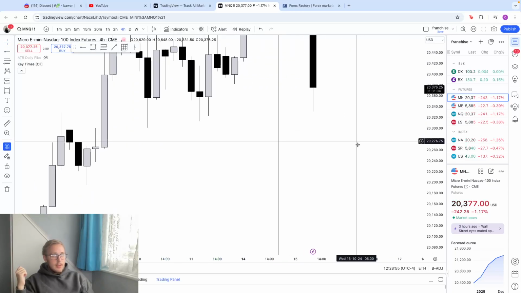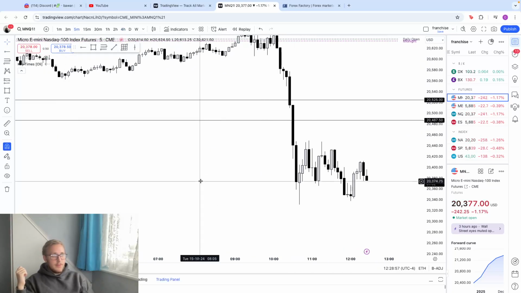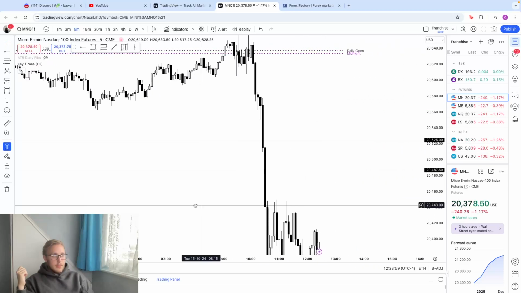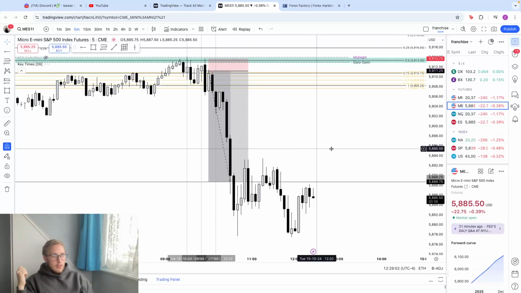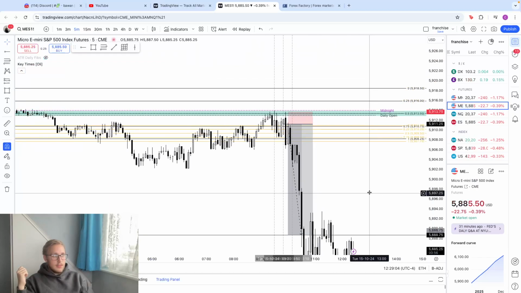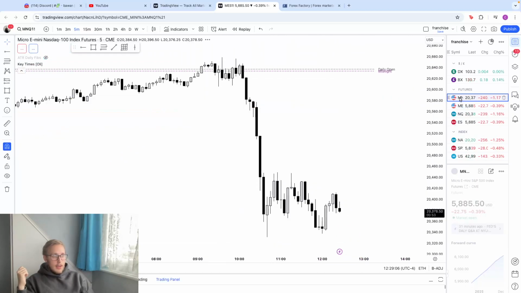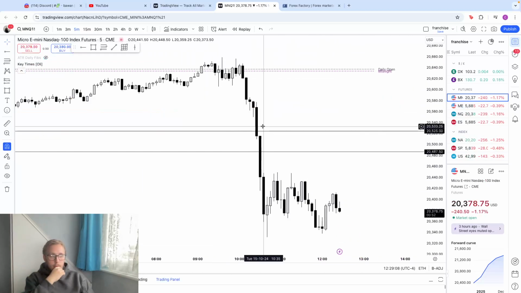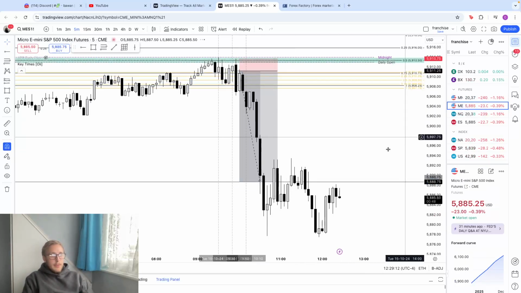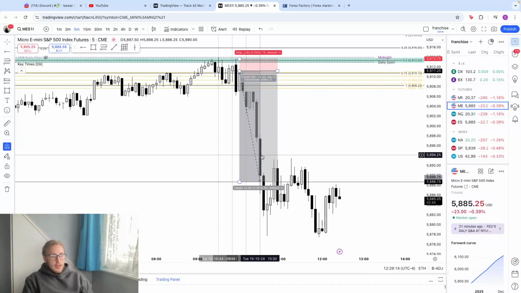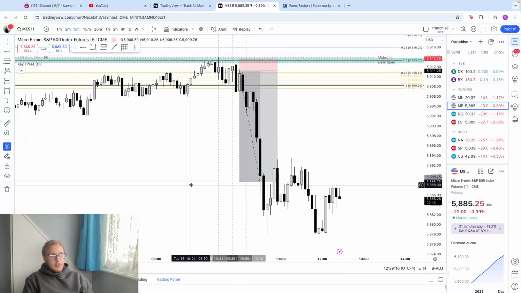And as you can see, NQ's 5-minute price delivered to both of these levels, and ES only delivered to this one. So you would have seen that at 10:30 we delivered to both, and at 10:30 we just delivered to the top one.